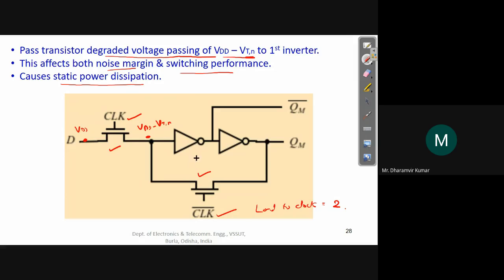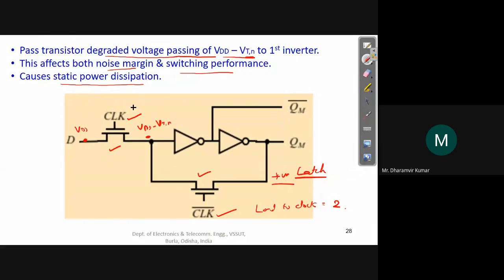But this is also a circuit which will do the same functionality, a positive latch using pass transistors. Now I leave this task to you to verify the functionality of the circuit, whether this is acting as a positive latch or not.